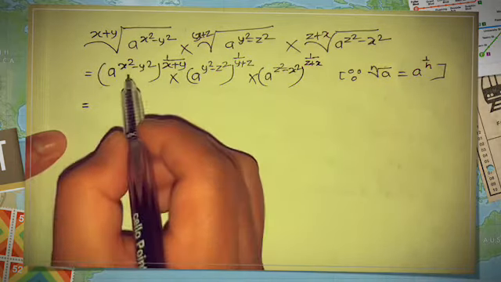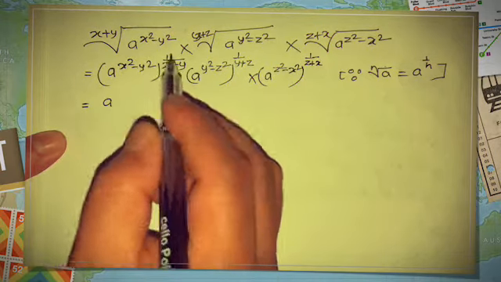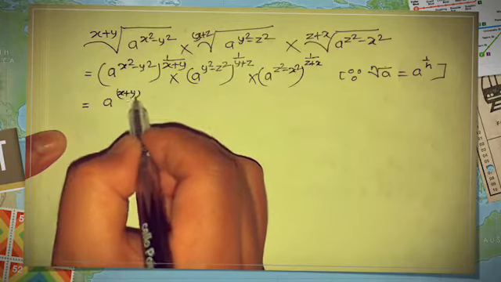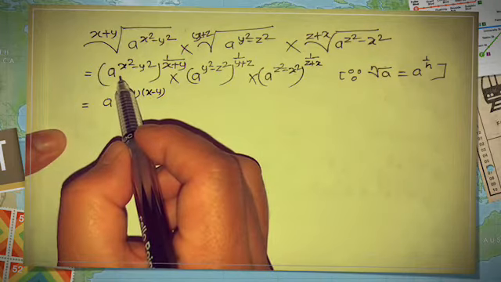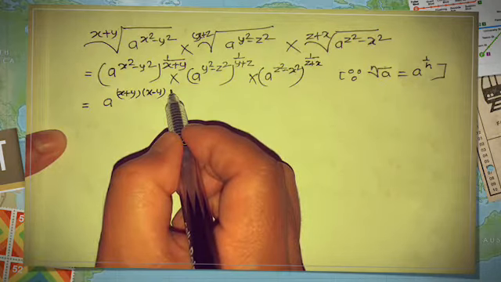Here in place of x square minus y square we can write x plus y and x minus y using the formula, and by applying the law of power to power, they are multiplied.